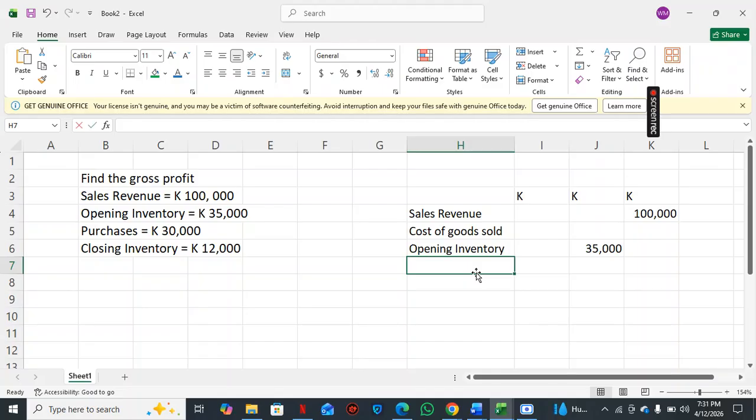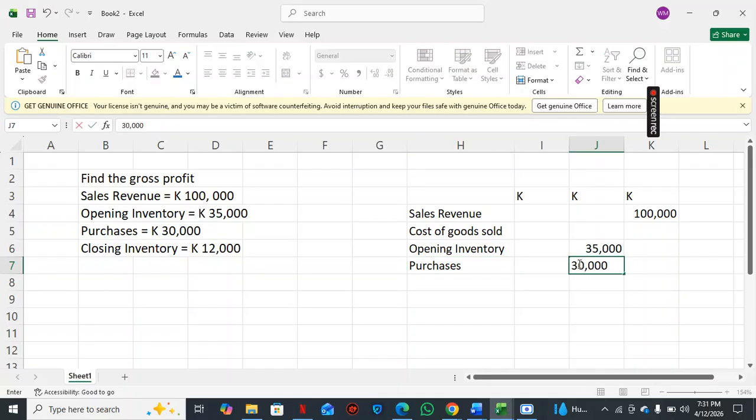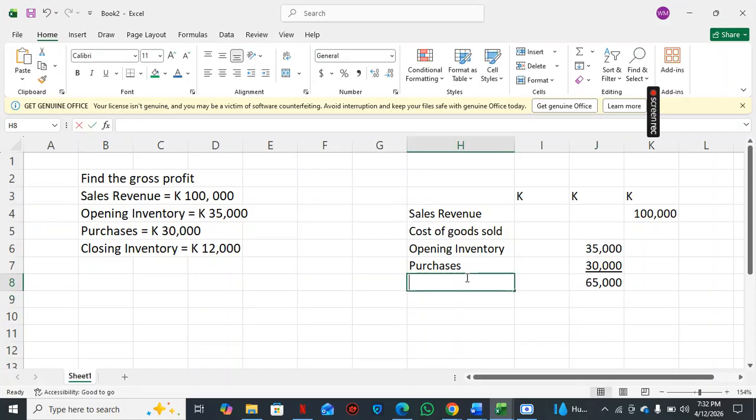The next, we bring in the purchases, 30,000. Since there are no adjustments for purchases yet, that's why the first column will be blank. So when you add the opening inventory with the purchases, you get your total cost of goods available for sale.